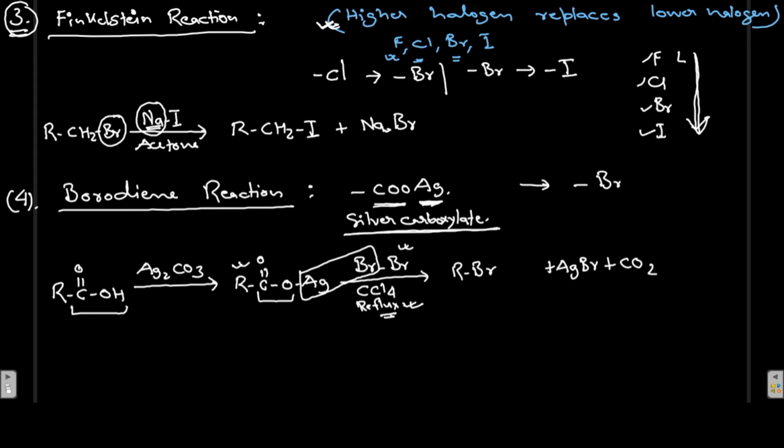So this is haloalkane, silver bromide and carbon dioxide. The other name of this reaction is the Borodine-Hunsdiecker reaction. This is like a note. You make a star here.